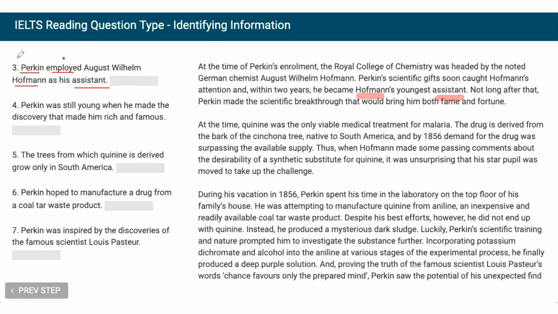But the statement says Perkin employed Hoffman as his assistant. This is also a classic trick because students will see assistant Hoffman, oh, must be true. But it's actually the opposite. So Perkin was Hoffman's assistant, and this is saying that Hoffman was Perkin's assistant. This is a direct contradiction, making this option clearly false.